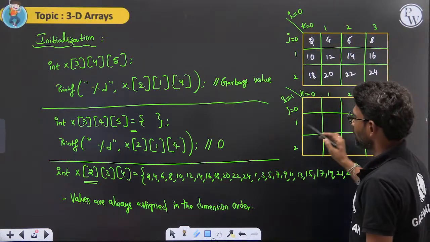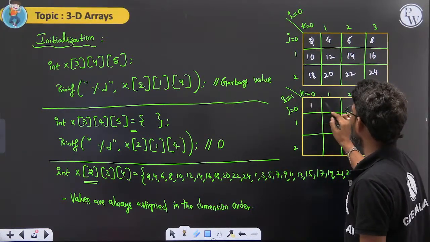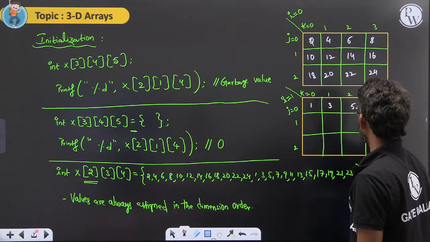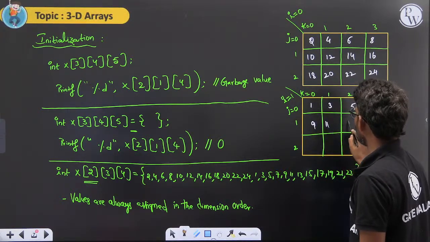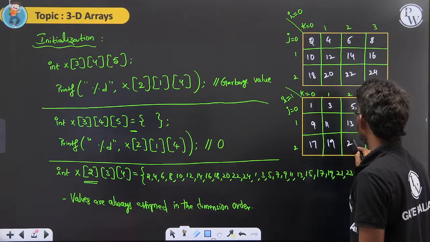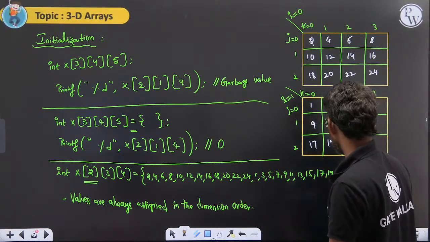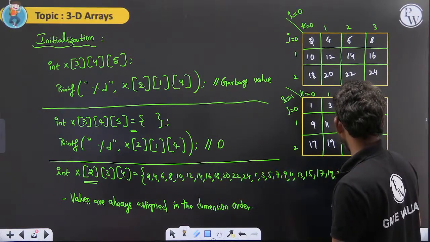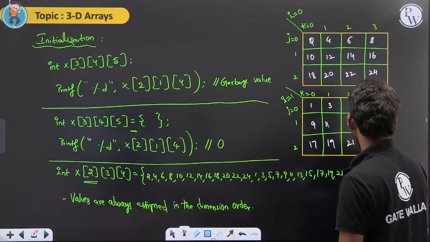So the next values will be 1, 3, 5, 7, 9, 11, 13, 15, 17, 19, 21, 23.